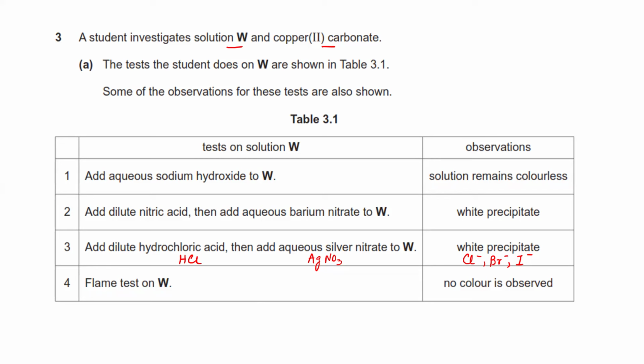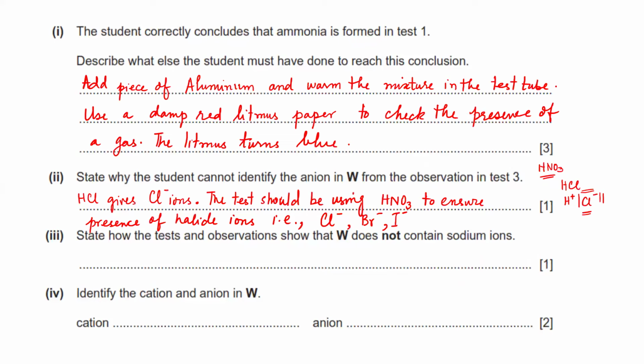But since we have added hydrochloric acid, we are actually giving it a halide ourselves. So that may or may not be present in the solution W. So that is why the test will not give us the actual value.